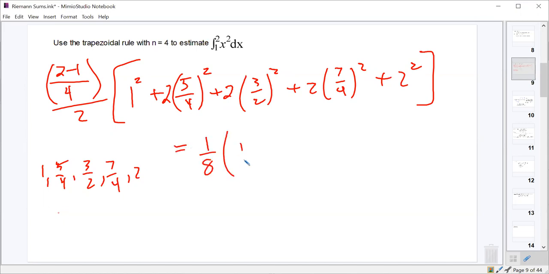Should give us 1/8 of what? 1 plus 25/8 plus, what's that one? 9/2 plus 49/8 plus 4. And what does that come out to be? 150 over 64.